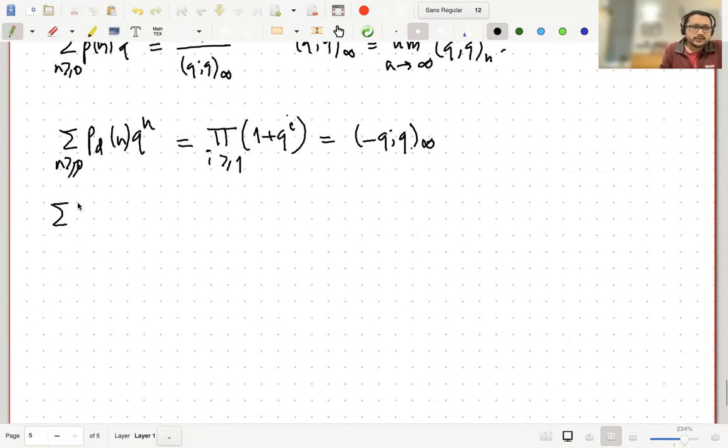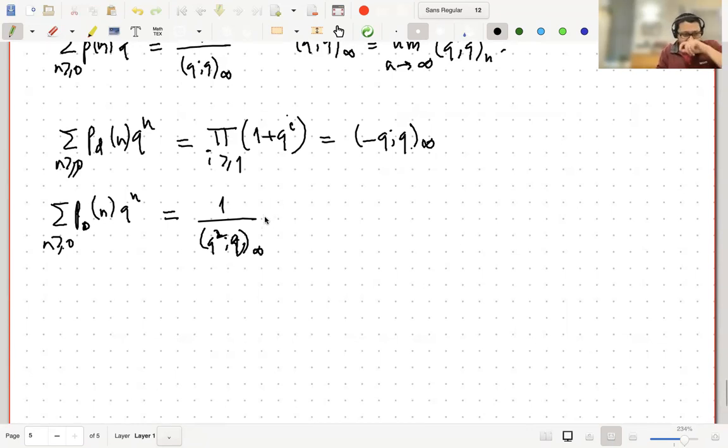Again, if we restrict the partition to odd parts, let's call it p_O(n), then the generating function is 1 over (q;q^2)_infinity. So you are just taking the odd parts in this case, okay? And there is a very famous theorem of Euler which says that this quantity is equal to this quantity.